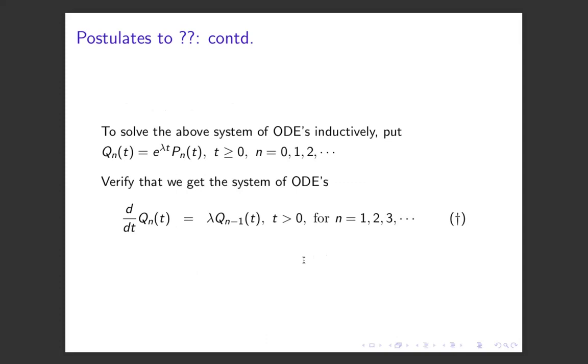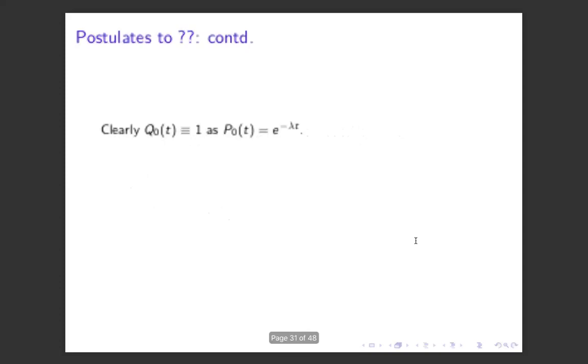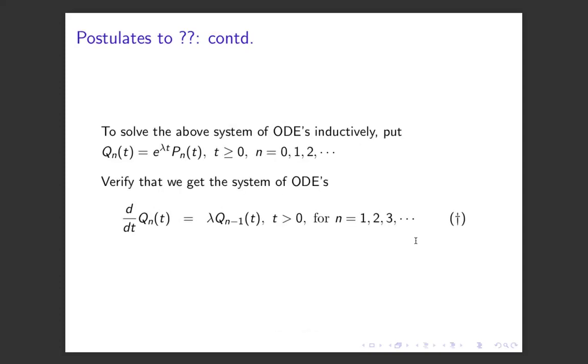So denote this system of differential equations by dagger, for each n. So in principle here, you know P_0, therefore you know Q_0. So Q_1 you can get from here, and once you get Q_1, you can get P_1. But of course, at every step, you will have a constant of integration to reckon with. Okay, so please note it down.